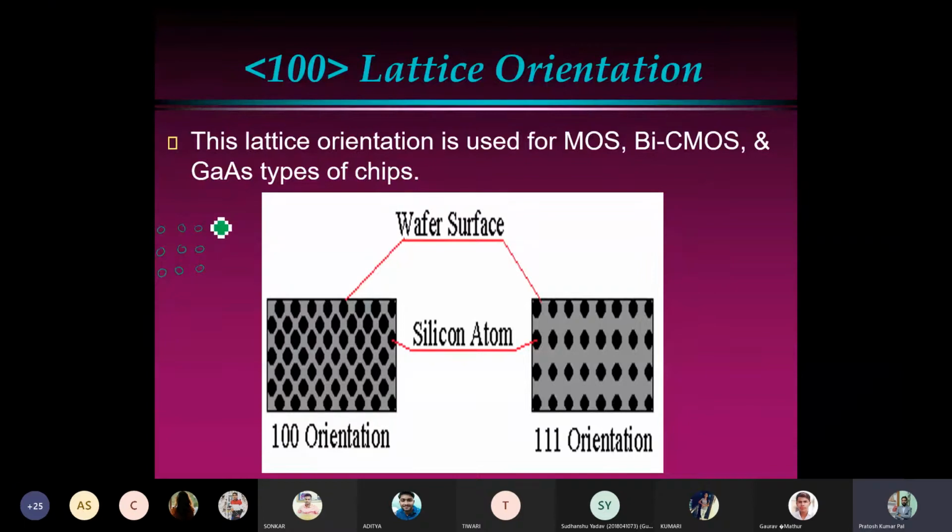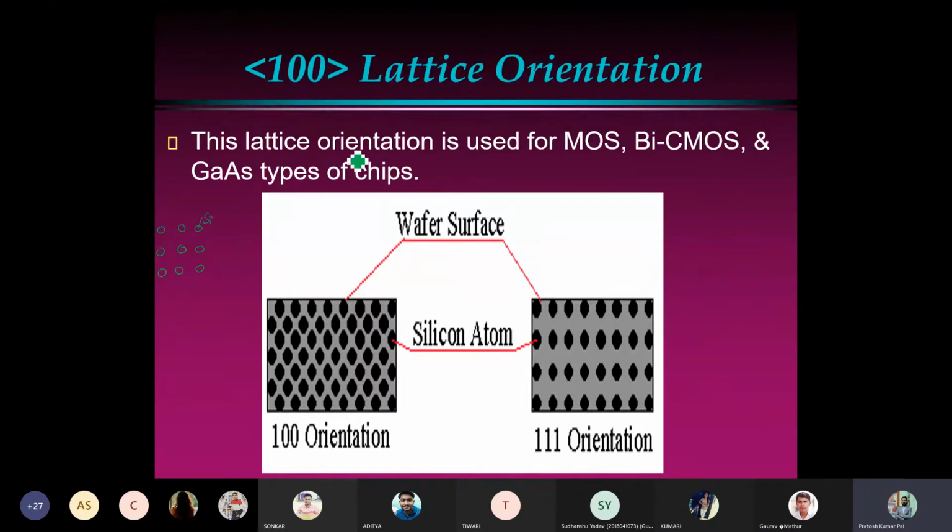Okay. So a wafer made up of silicon will have different silicon atoms. Okay, so in what orientation, in what manner these atoms are placed, these are called the orientations. Okay, so here the 100 orientation is there, and another one is the 111 orientation.